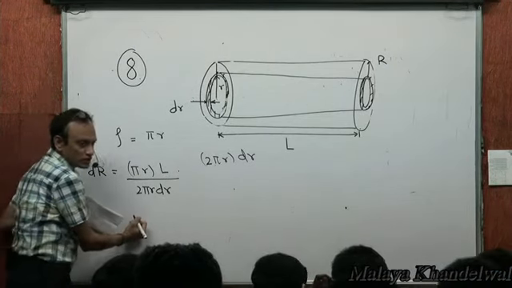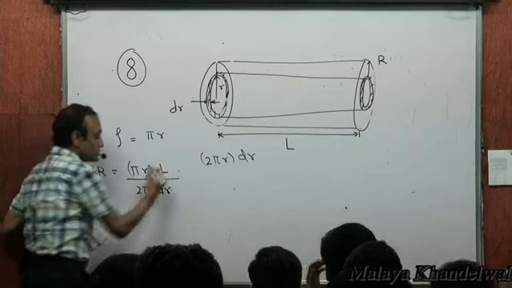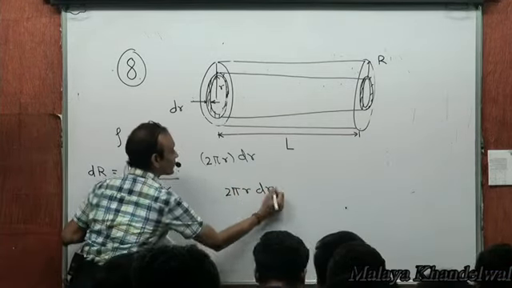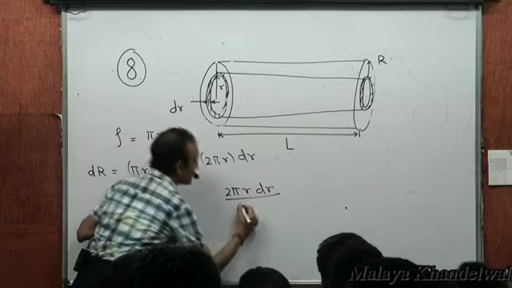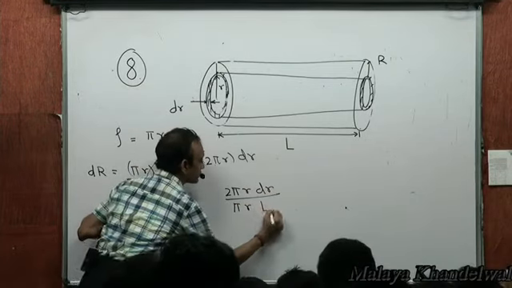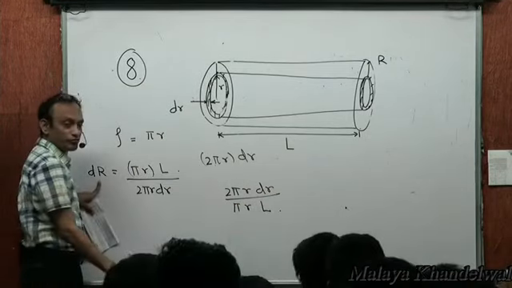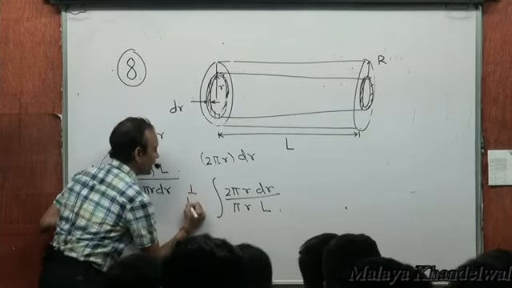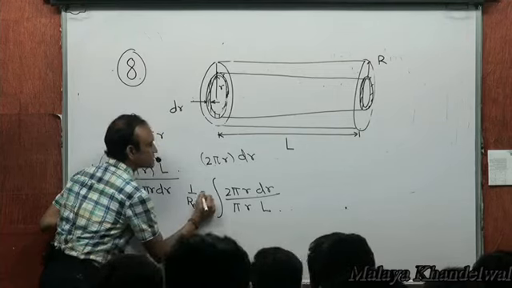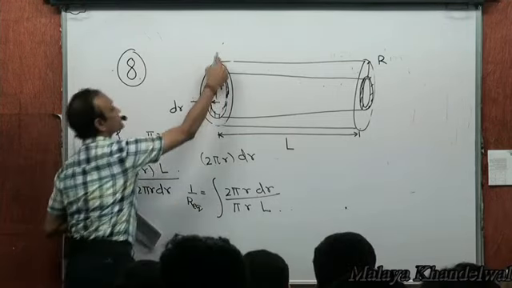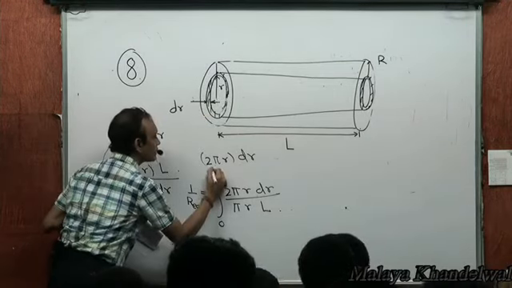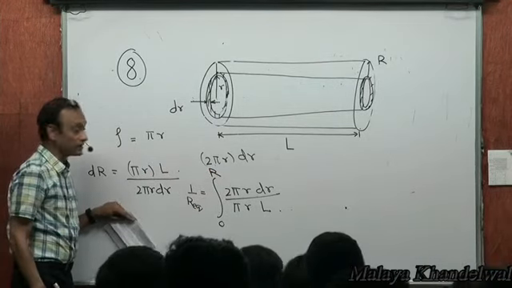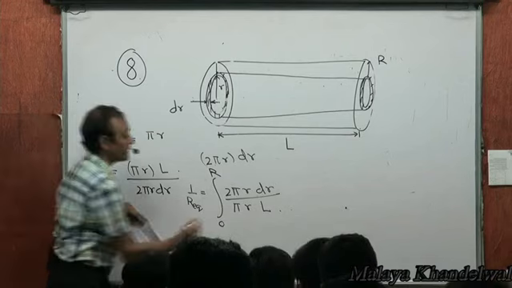So the reciprocal of this resistance is what we need to add. The reciprocal of this resistance is 2 pi r dr divided by pi r L. That's the reciprocal of dR. The sum of all the reciprocals would be 1 by R equivalent, summed where small r runs from 0 to capital R. That will be the reciprocal of the equivalent resistance.